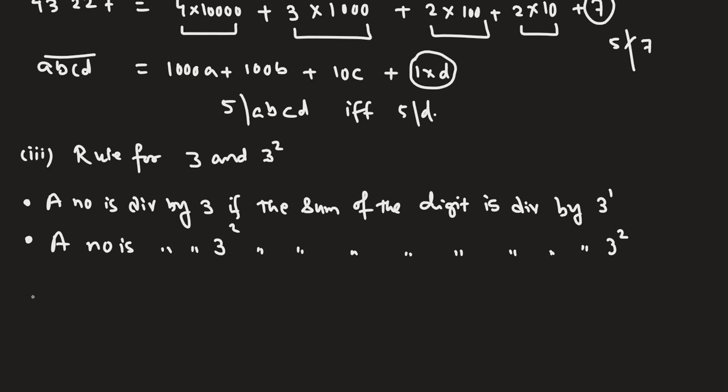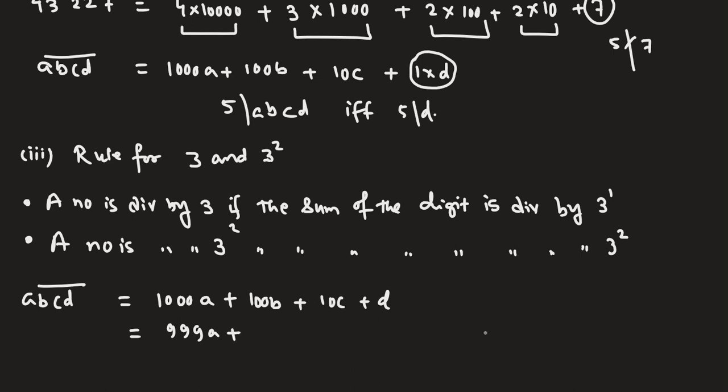So consider one generalized case, ABCD, I am taking. This number I can write as 1000A, 100B, 10C plus D. So this number I can write as 999A plus A, 99B, then we have 1B, then we have 9C plus C, and then we have 1D.